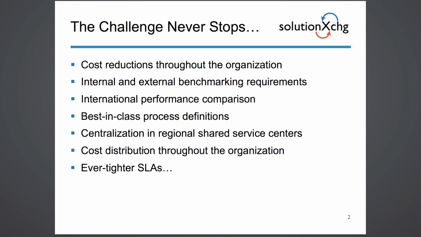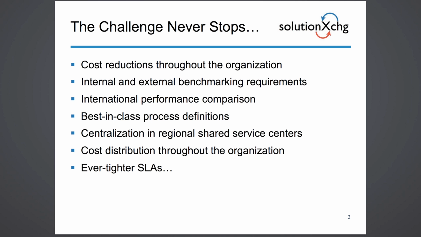One element to achieve that is centralization in regional shared service centers. Those need to be measured. You need the best tools to be comparable to other shared service centers, and it is not uncommon with these shared service centers that there is a cost distribution throughout the organization. So a shared service center is not only a cost center in itself, it becomes a cost item for every department in the organization.